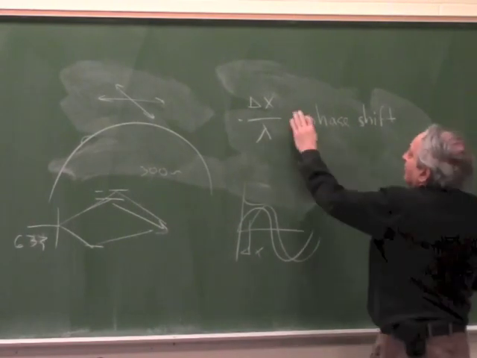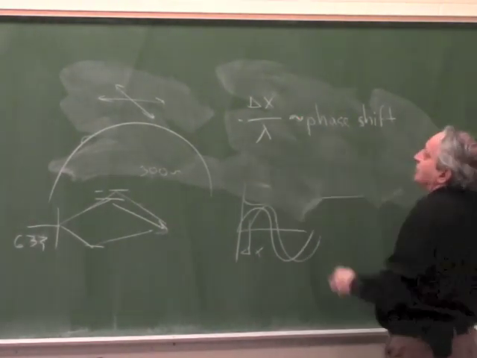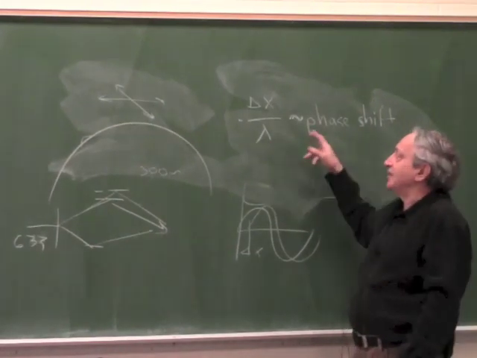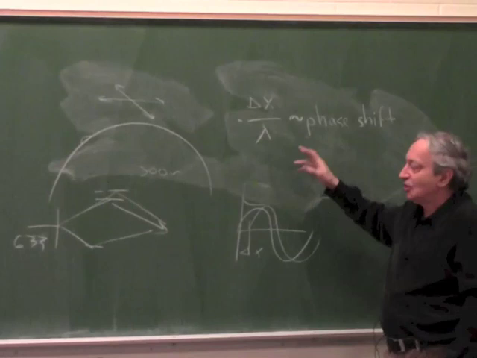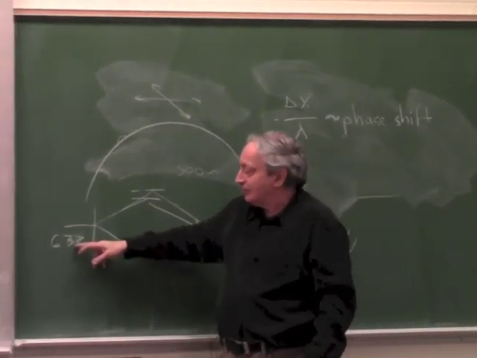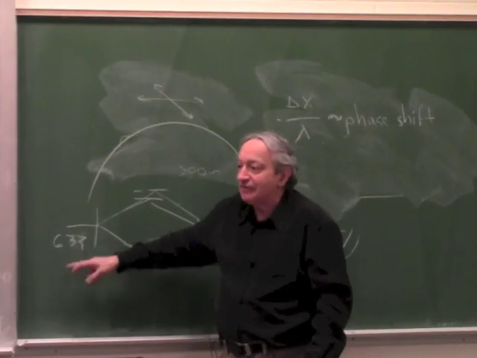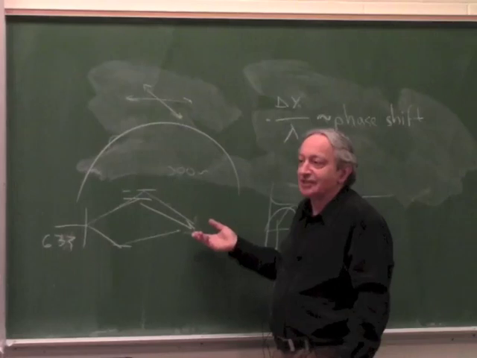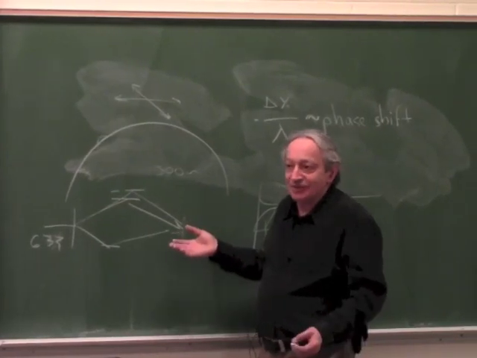So it is proportional to the phase shift. If I change lambda for the same difference, I can get a different phase shift. So this can only work at one lambda. Because, for example, whatever is bright for one wavelength will be dark for half the wavelength. So it wouldn't work.